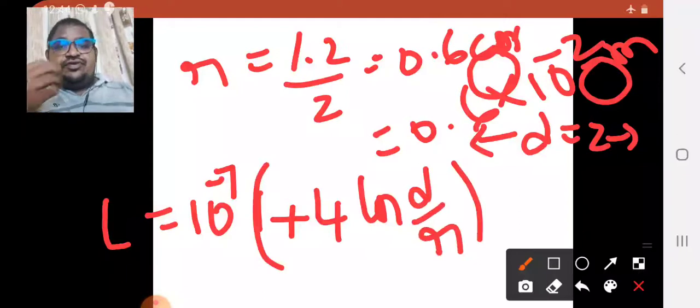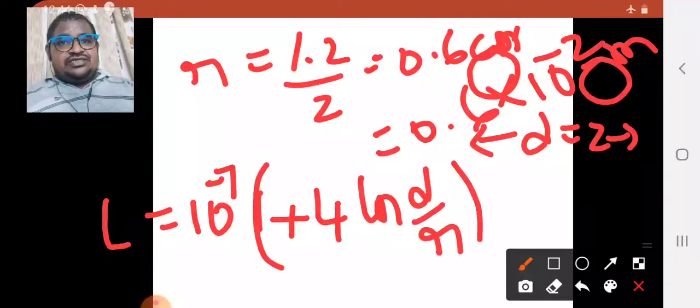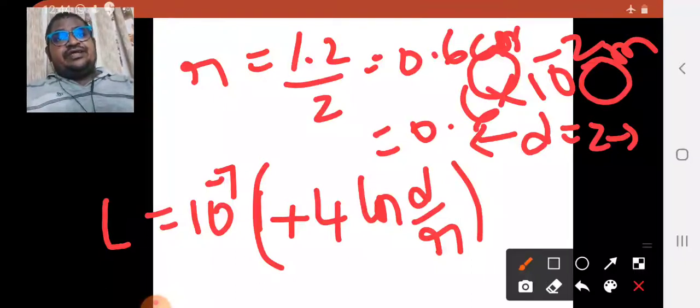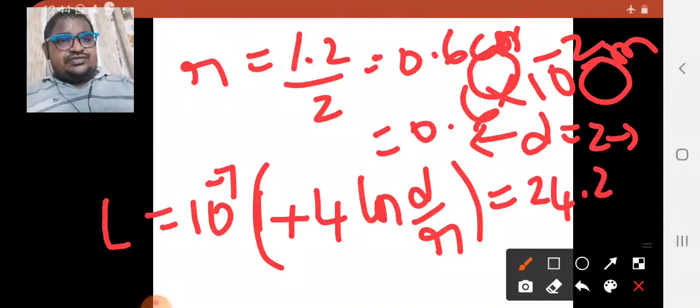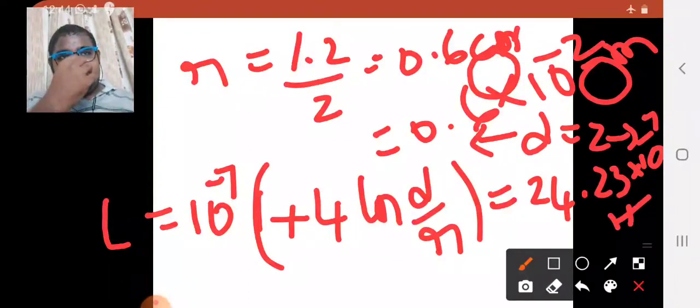This is the loop inductance per meter length. If you substitute this, you may get 24.23 into 10 power minus 7 henries.